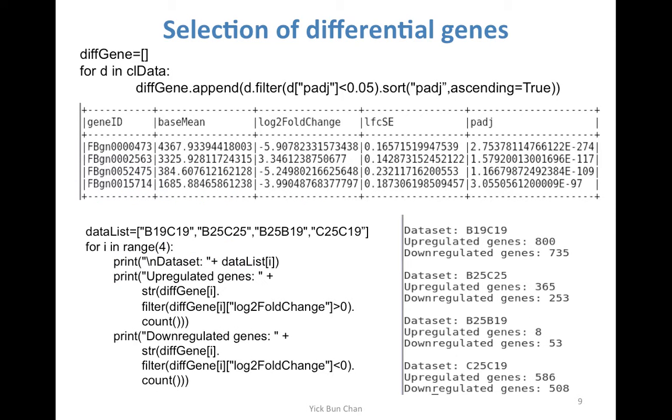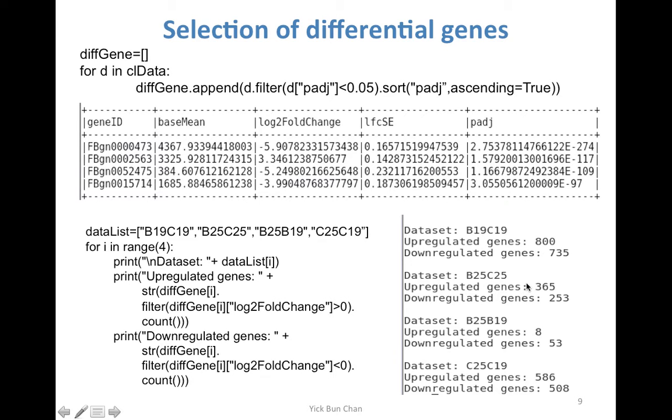Next, I select differentially expressed genes based on an adjusted p-value of less than 0.05 and arrange them in ascending order. For each dataset, I calculate the number of up and down regulated genes too.